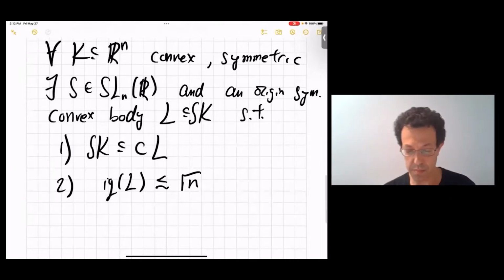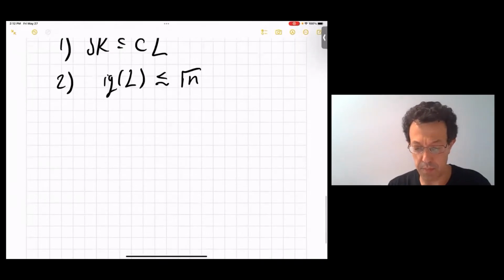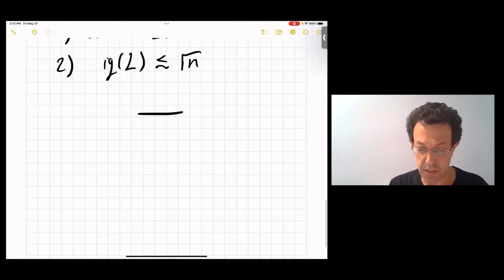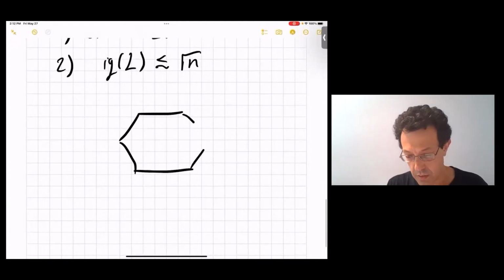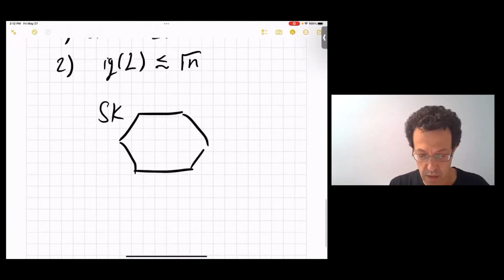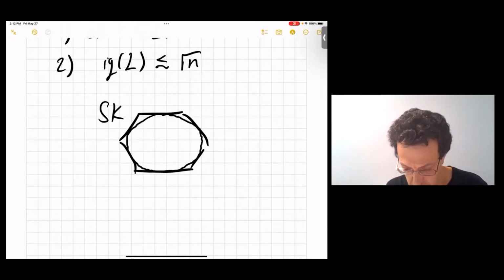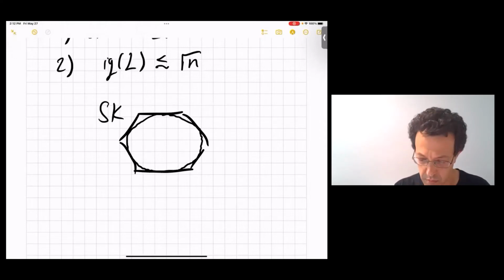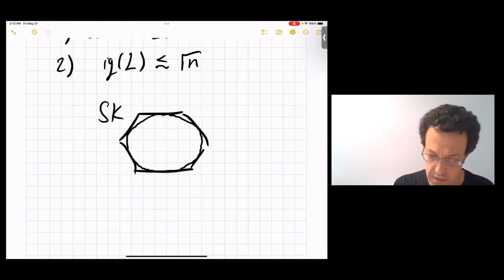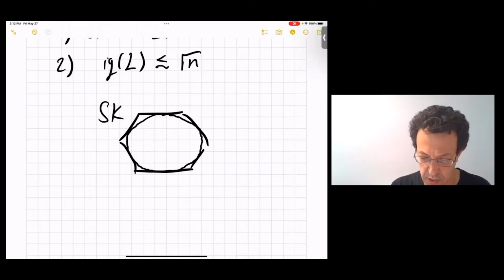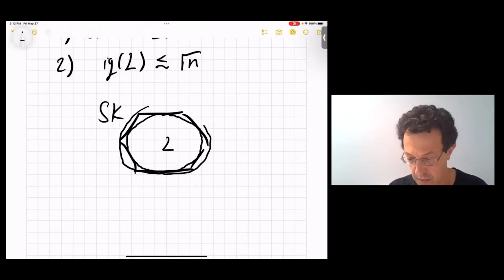Right, so I'm saying you have your K, after applying the transformation, you fatten it up. So this is already S of K. Inside here, you find a smart way to round the corners. This is L. This is a constant approximation.